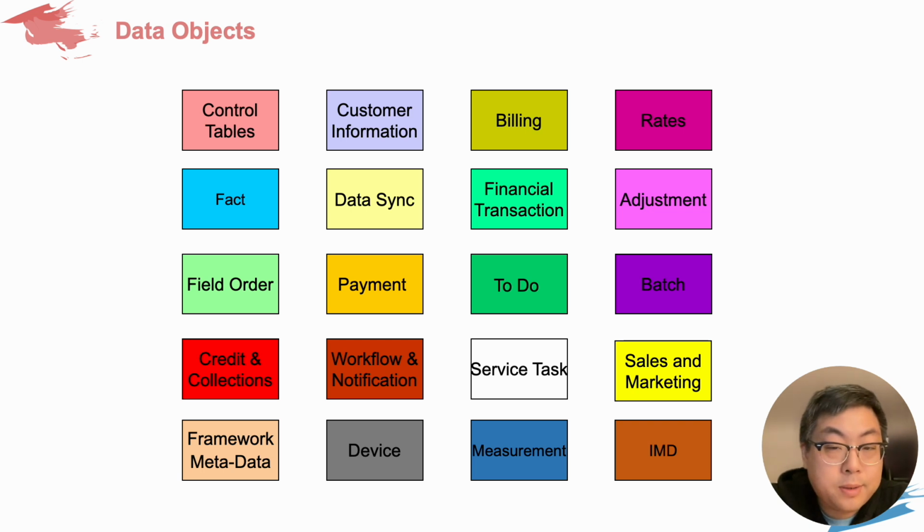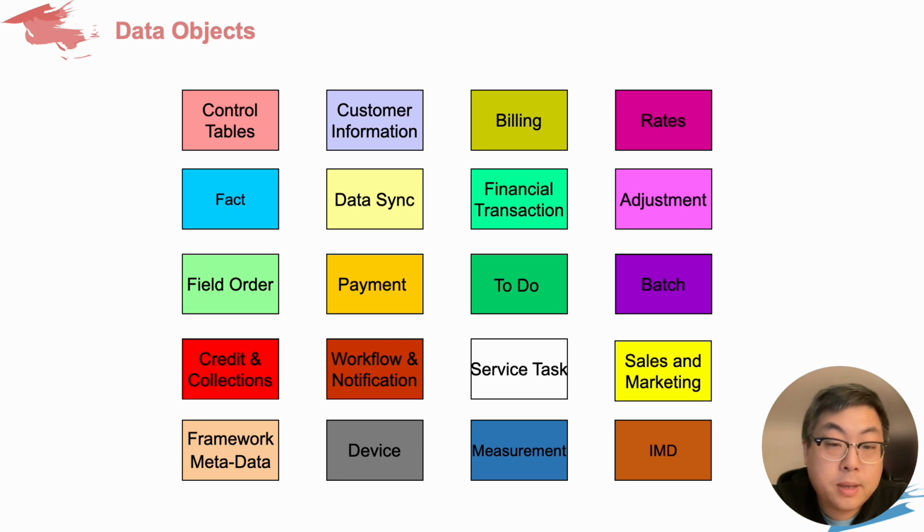They have financial transactions, adjustment, field order, payment, to-do. To-do is a very interesting one because we always see so many to-dos in the system. You won't miss it, but we'll talk later about to-do because I think people are overusing to-do in many cases. Batch job, that's an obvious one.